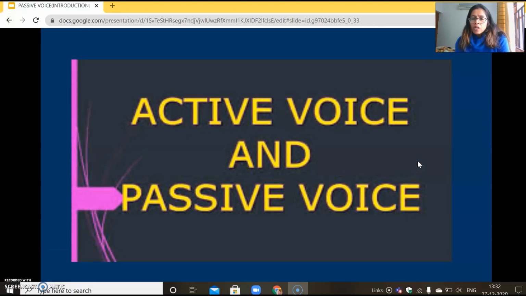Okay, so let's first understand what is a sentence. A sentence, in simple terms, is a group of words that makes complete sense in itself, right? And to make a sentence, you need a subject, a verb, and an object.